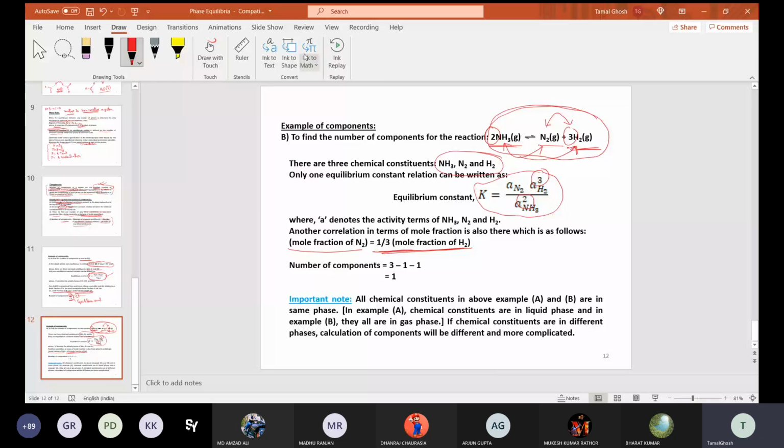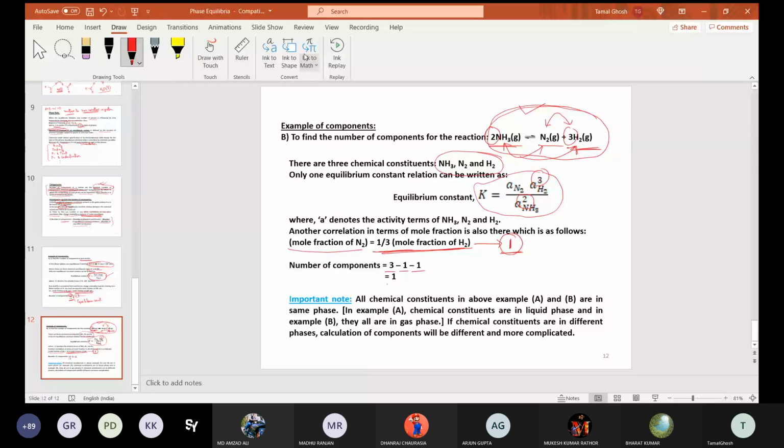So it is one correlation we are getting, and not three. Now again we reach 3 minus 1 and minus 1, so one component comes out.